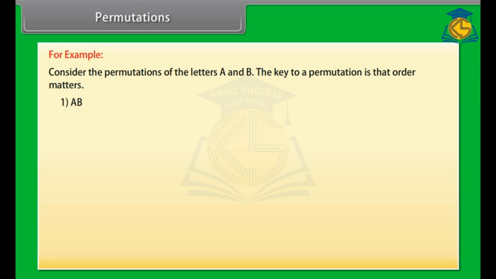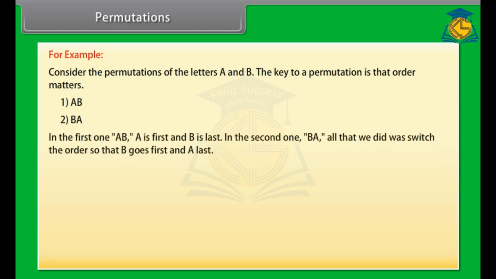AB. 2. BA. As you can see, the only difference between the 2 permutations is the order. In the first one, AB, A is first and B is last. In the second one, BA, all that we did was switch the order so that B goes first and A last.